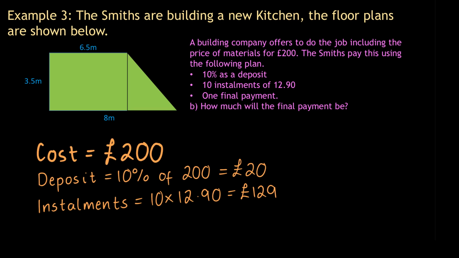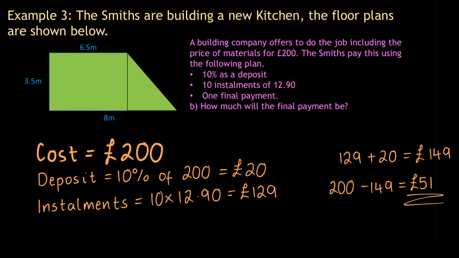So if in total they have to pay £200, and we know that £20 of that is paid as a deposit, and £129 of that is paid as monthly instalments, we can work out by adding 129 and that £20 together how much they've paid so far, and therefore if we take it away from 200, how much they have left to pay.